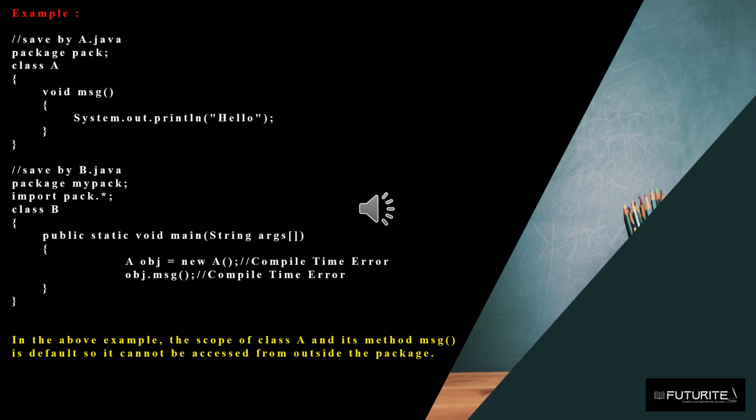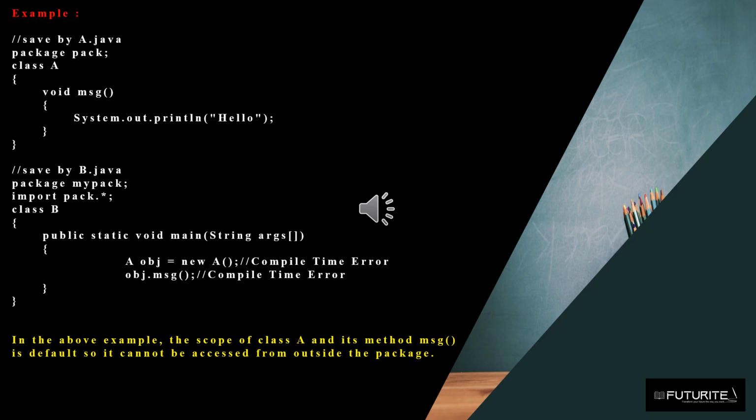So here mypack is a different package, and pack is a different package. Pack has a member class A, and mypack has a member class B. In class B, you are creating an object of class A, that is A obj = new A, where obj is the object name. Now through that object, you are trying to call the MSG method, which is again a member of class A. As none of the members of a package can be accessed from outside the package, it is throwing a compile time error.